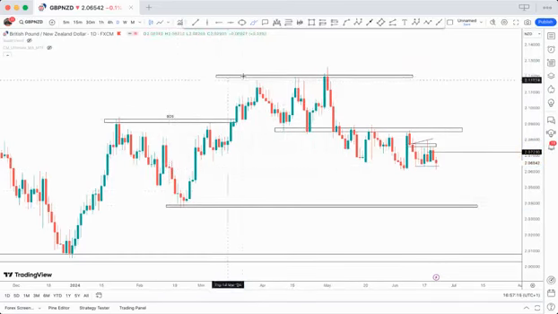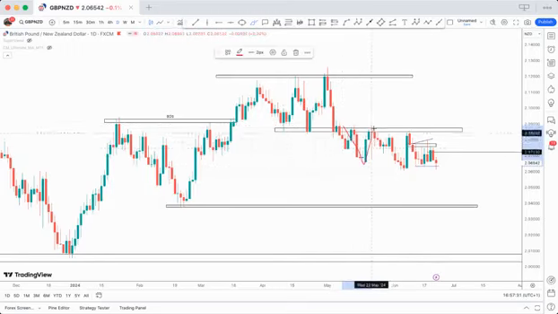But right now we had a breakout of the structure, and the sellers are now gaining power. So right now you can see that we have been retesting this level. This is the second time of retesting this level, and then this is the third time. So here we had this correction, and then we can have a continuation to the downside, something like this.